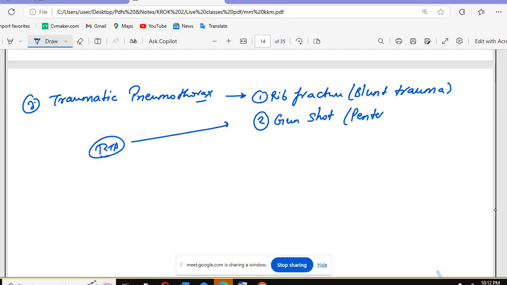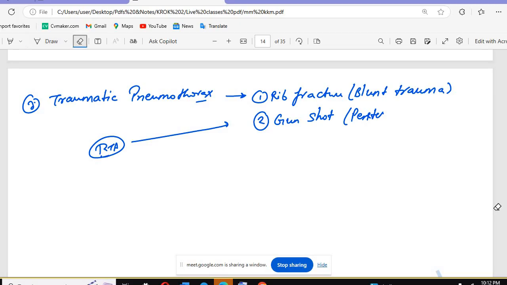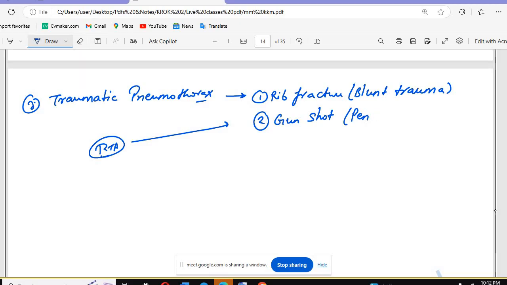The gunshot penetrates, and along with the gun there will be some penetrating air as well. So the penetrating trauma, as well as the penetrating air, will cause the pneumothorax, or the penetrating pneumothorax.